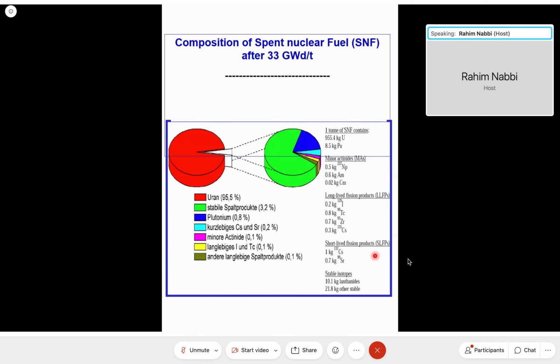Partly as a result of the activation, burning, fissioning, and so on, stable isotopes would be produced, for example lanthanides and other stable materials. And you see here in this cylinder, the green part is still uranium, unused uranium existing in the spent fuel element.